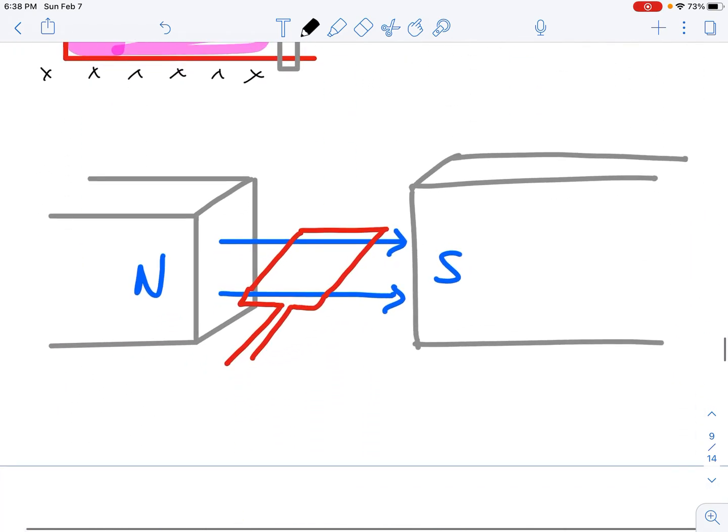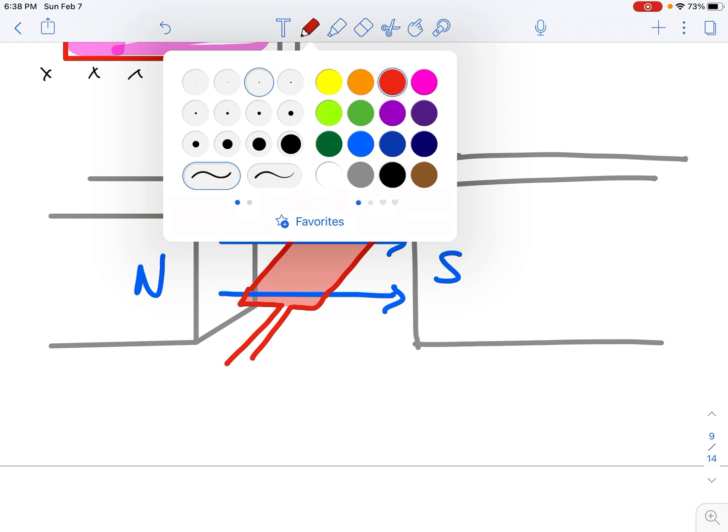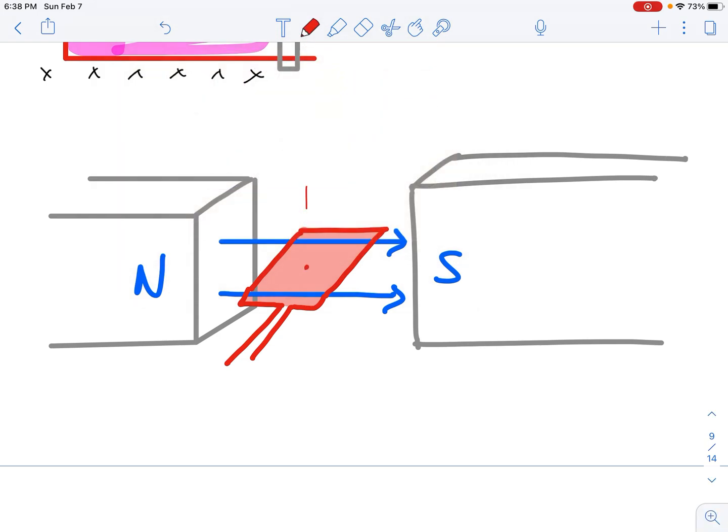Okay, let's come down to this scenario. Here we've got the cross-sectional area of a square loop of wire. The area vector in this case is perpendicular to the magnetic field vector, right?